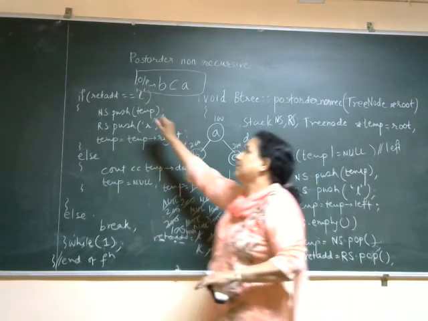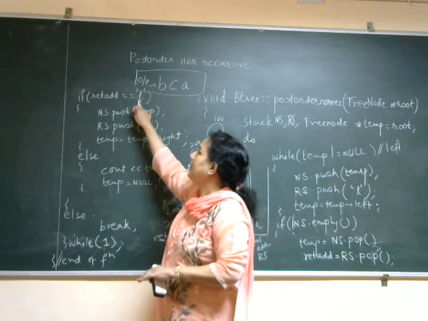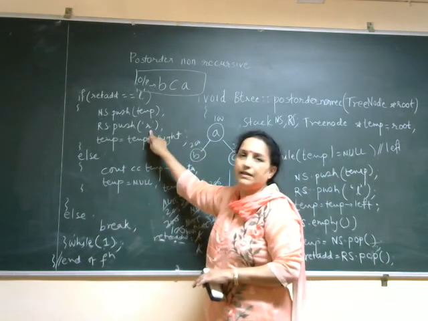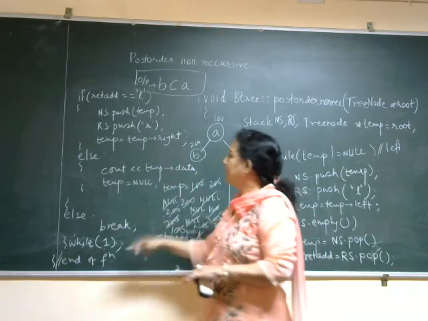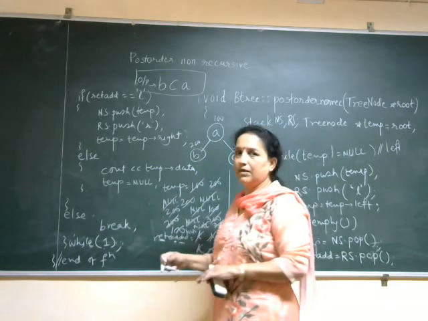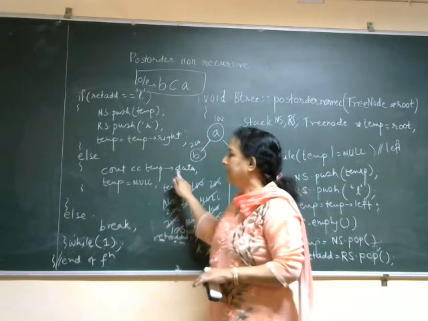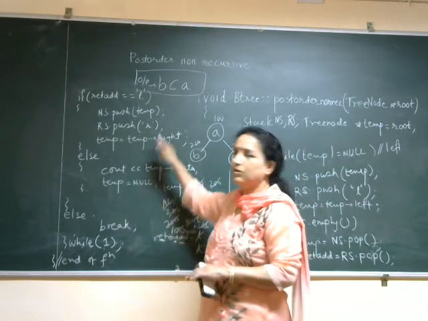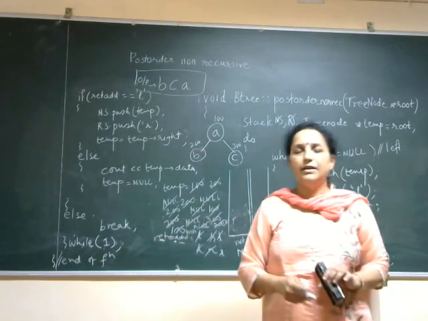Now the return address may be L or R. If the return address is L, I should push that value again inside the stack with the return address R, and I should go to its right. And then I should repeat this again, go left, left, left. But if the return address is R, I should display that data and I should make temp none. So this is the total process, and I should repeat this till the stack is empty.